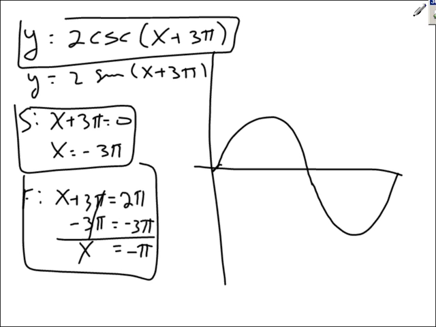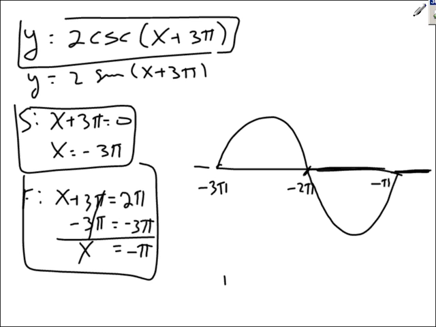The highest value is 2. The lowest value is negative 2. Let me start that over. There is your sine graph. It starts at negative 3 pi. It finishes at negative pi. So in here is negative 2 pi. So this is a length of pi.